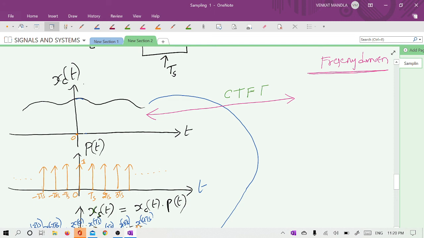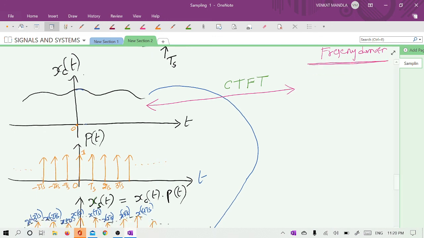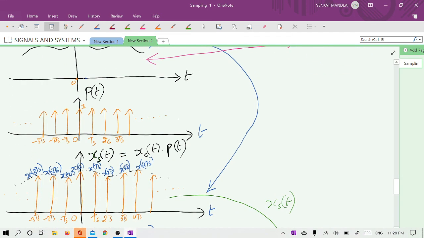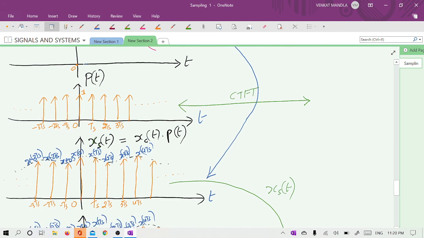I will come to all these things when I discuss them from the basics. We already found the CTFT. If this were a periodic signal, you could also find the CTFS, continuous time Fourier series.